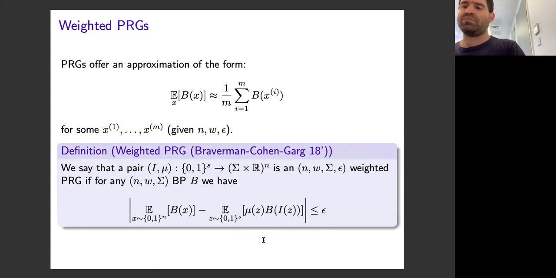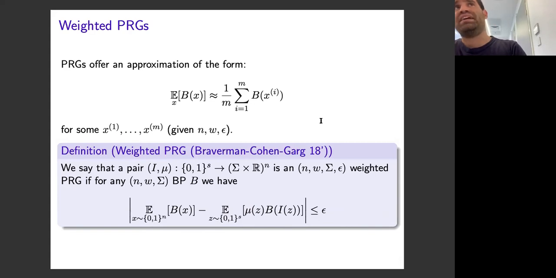So the only requirement is that still this weighted average, when you take your weights, approximates the true acceptance probability. So this is the definition of weighted PRGs. And obviously you want explicit ones. And for all intents and purposes, weighted PRGs can replace PRGs. For instance, they will give you a hitting set generator and actually a bit more.